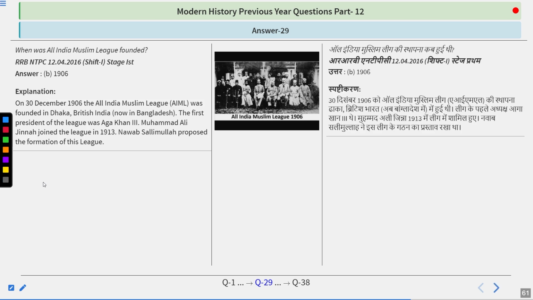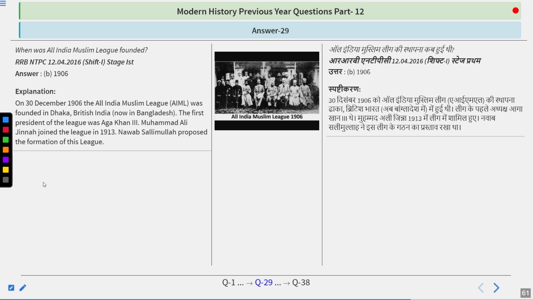So on 30 December 1906, the All India Muslim League was founded in Dhaka, British India. The first president of the league was Aga Khan III. Muhammad Ali Jinnah joined the league in 1913. Nawab Salimullah proposed the formation of this league. So do remember, the answer is 1906.